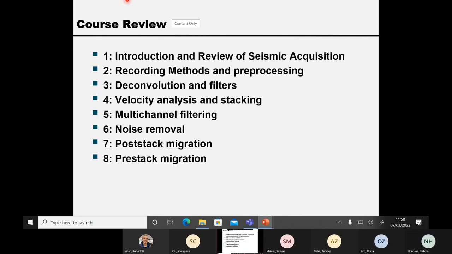For multi-channel filtering, we are talking about autocorrelation and cross correlation. Make a linear equation. That's called a Wiener equation. Right? That's the multi-channel filter.